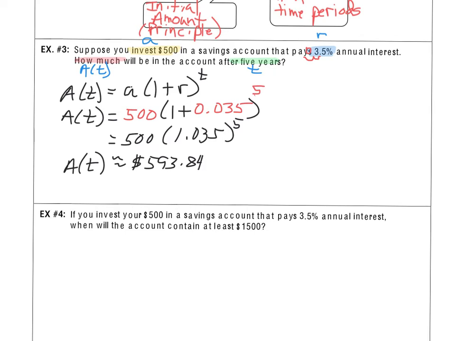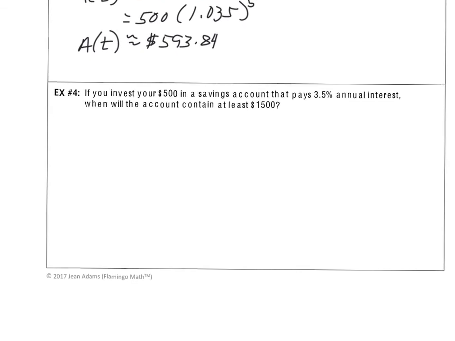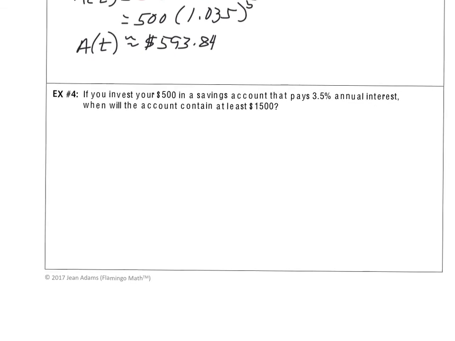All right, so in example 4, it's asking you to do something different. It says if you invest your $500 that we just had above, that pays your 3.5% annual interest, but instead of holding it for 5 years, your question is, when will the account contain at least $1,500?